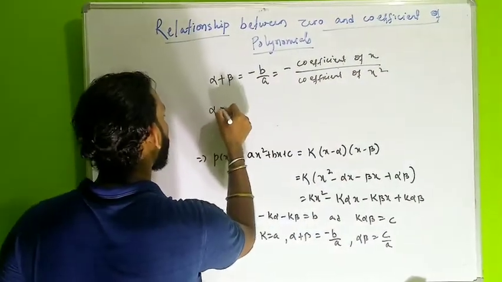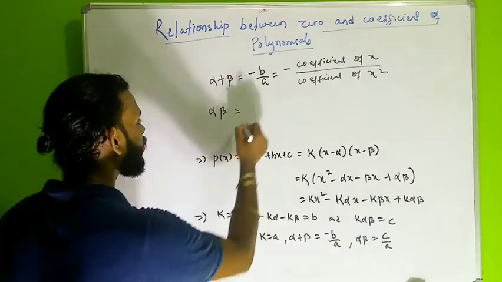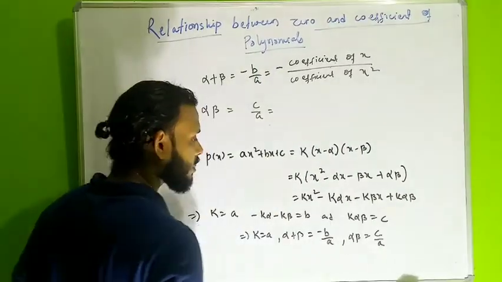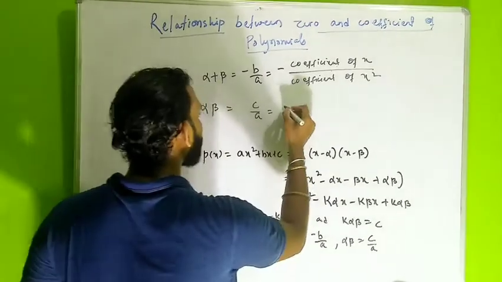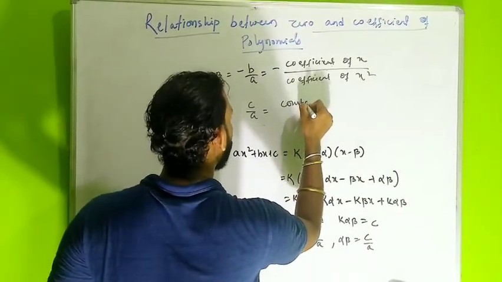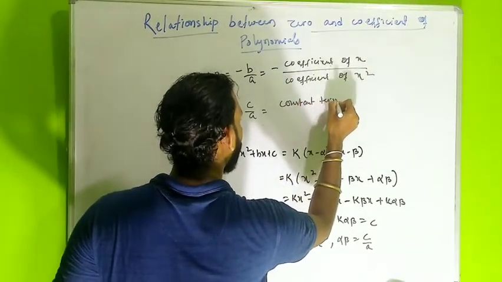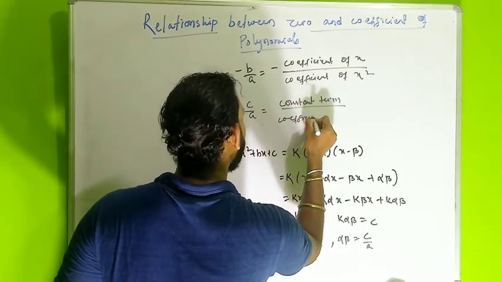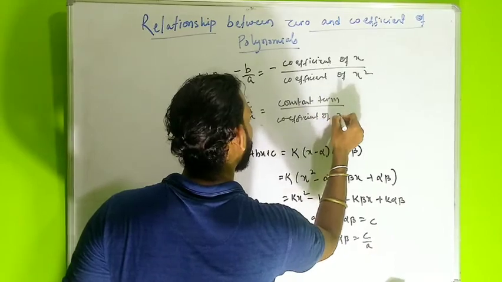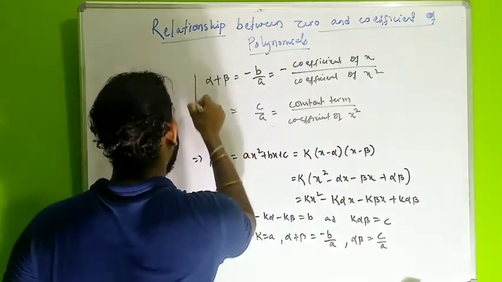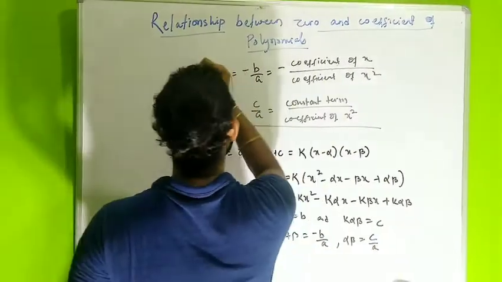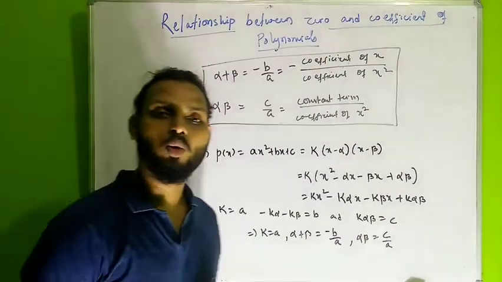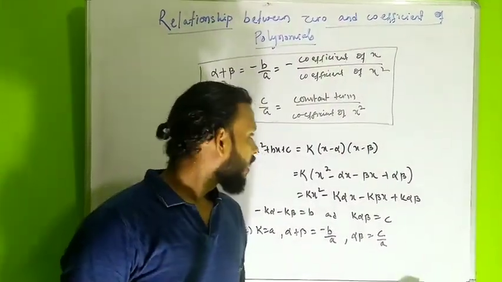Similarly, the product of two zeros is equals to c by a, that is equals to the constant term divided by coefficient of x square. Okay, so these two are the relationship between the zeros and the coefficient of the polynomial.